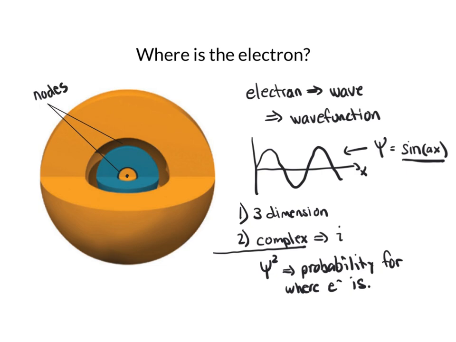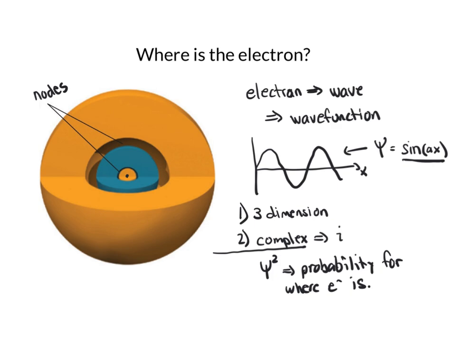A common misconception about these pictures is that each of these little parts of the square of the wave function represents a different electron. That's not true. This entire picture represents one electron.